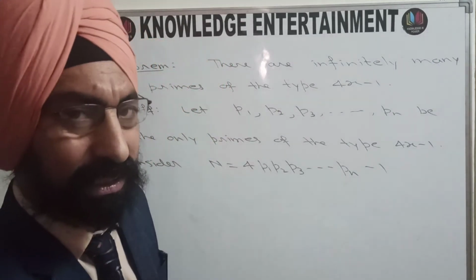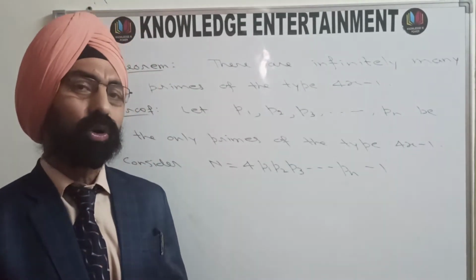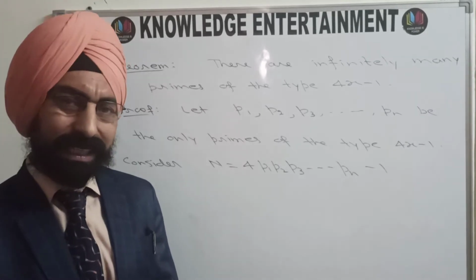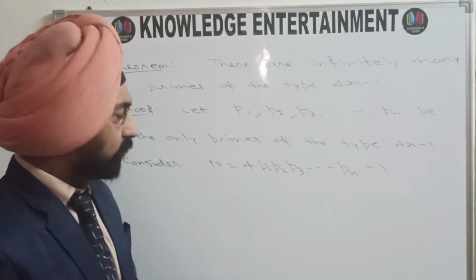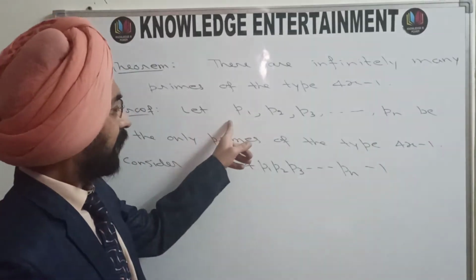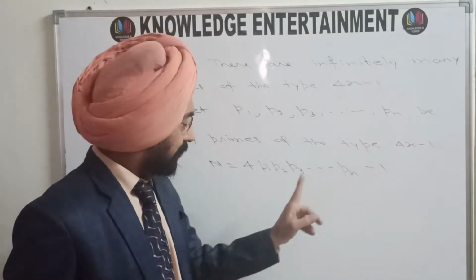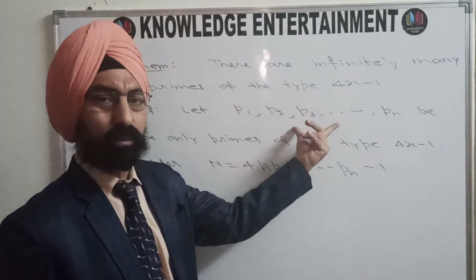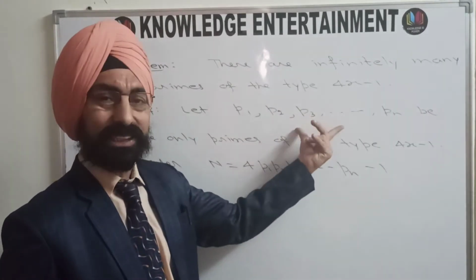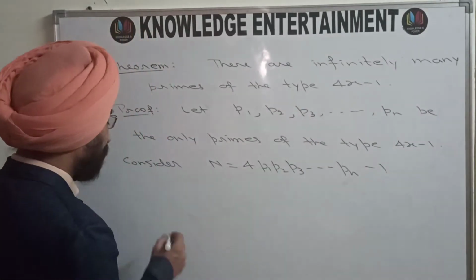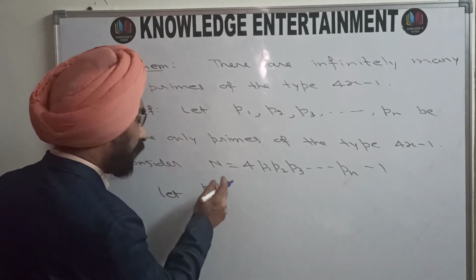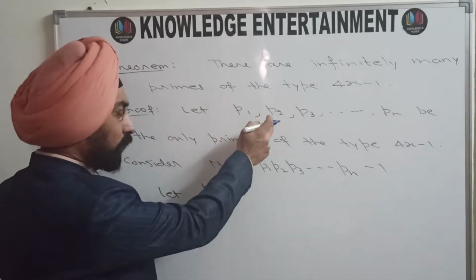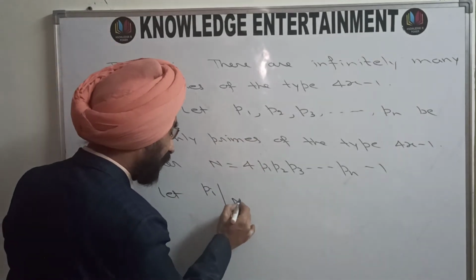At least one divisor will be of the type 4x minus 1. But all the prime numbers of the type 4x minus 1 are in this list. So that means this number must have a prime divisor from this list. So suppose it is pi. Let pi be a prime divisor of the type 4x minus 1, which divides n.